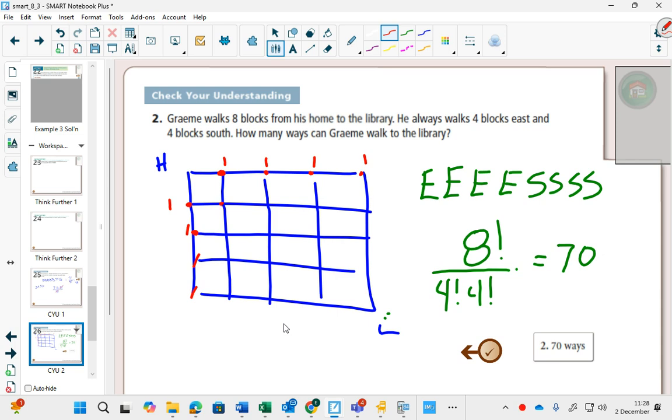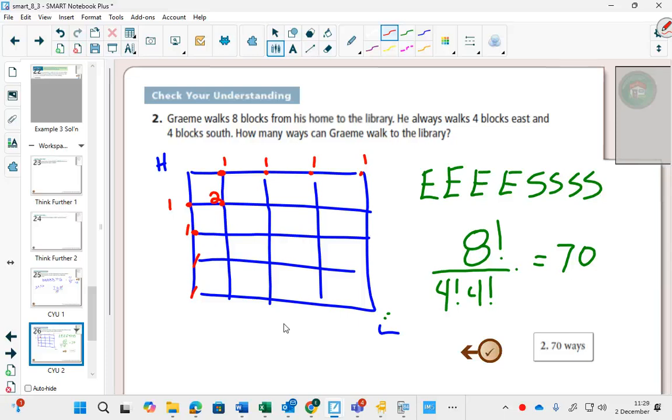What if the library was here? Can you count, it's close enough that we don't have to do any fancy math with the Mississippi. Could you count how many ways they could get there? 2, right? You could go over and down, or down and over. We would get 2 ways to get there. How about this dot?